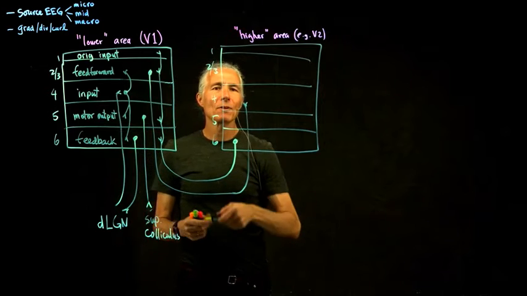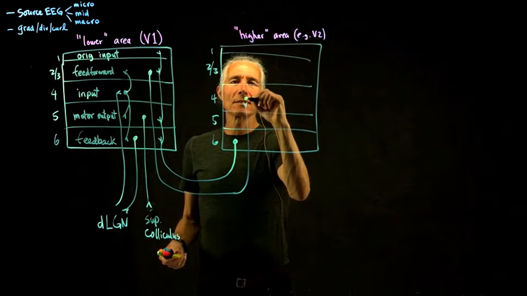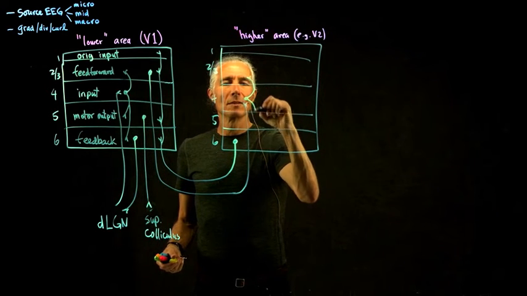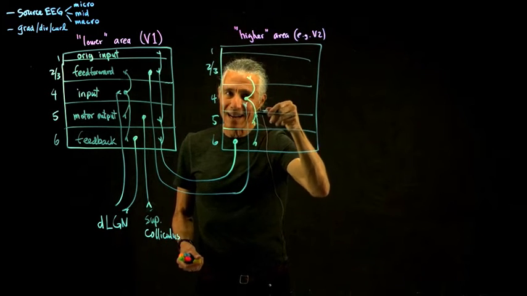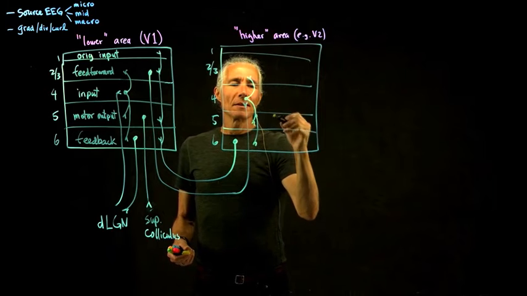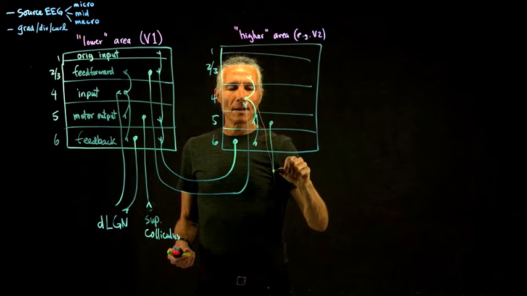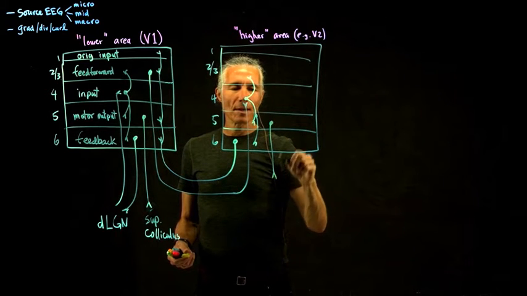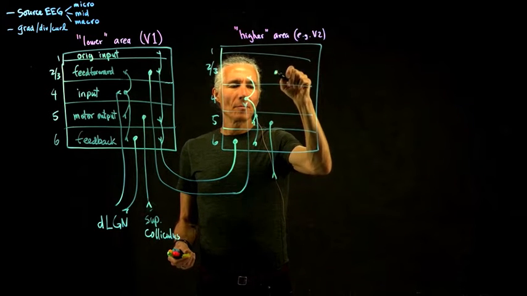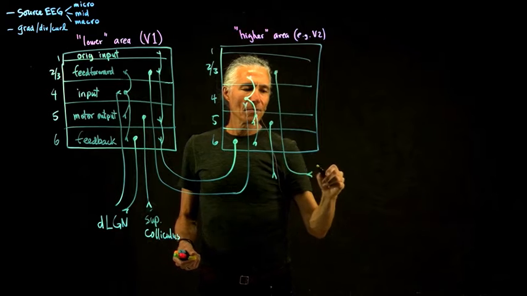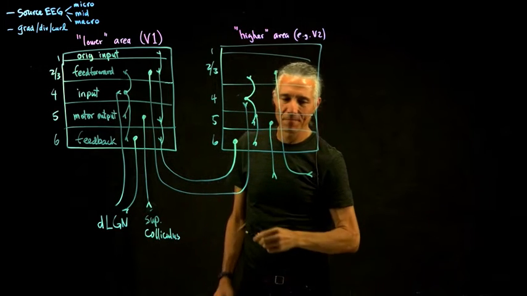And you see the same thing here. The neurons here will go up to higher and lower areas, higher and lower layers, and then this will be a higher level motor output layer, and then here's the feedback layer, and then this one will go to yet a higher area.